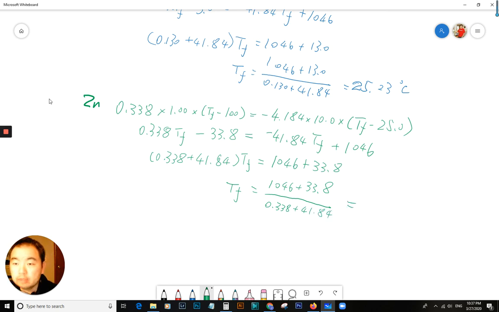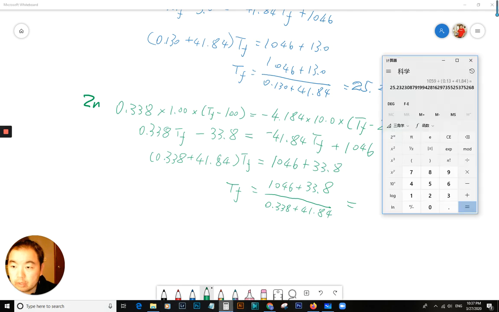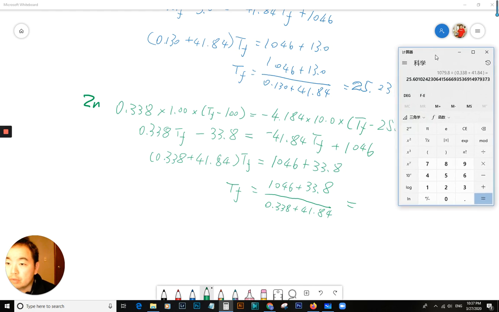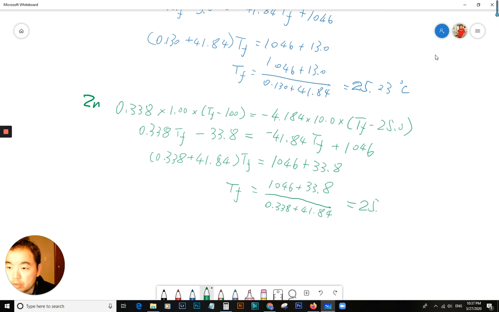Then again we put it into a calculator: 1046 plus 38.8 equals this, divided by parenthesis 0.388 plus 41.84 parenthesis. So the final temperature is 25.60 Celsius. Okay, so this is for the zinc.